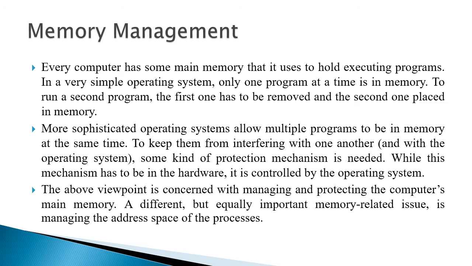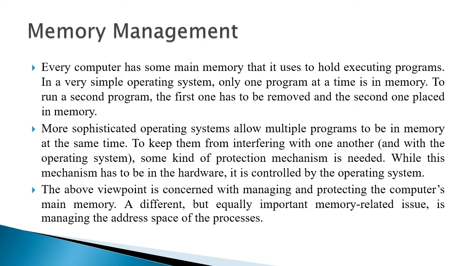The next one, we go to memory management. Every computer has some main memory that it uses to hold executing programs. In a very simple operating system, only one program at a time is in memory.